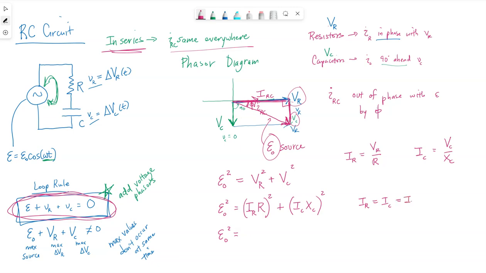This is our IRC that I mentioned before. And that's because they're in series. In series, they must have the same current. If that's the case, I can call them both the current in this RC circuit, and I can factor them out.